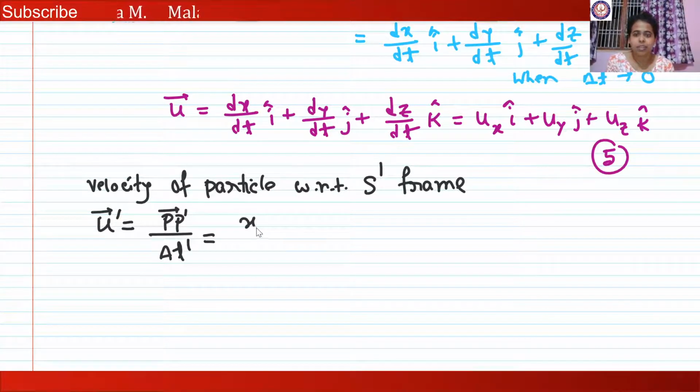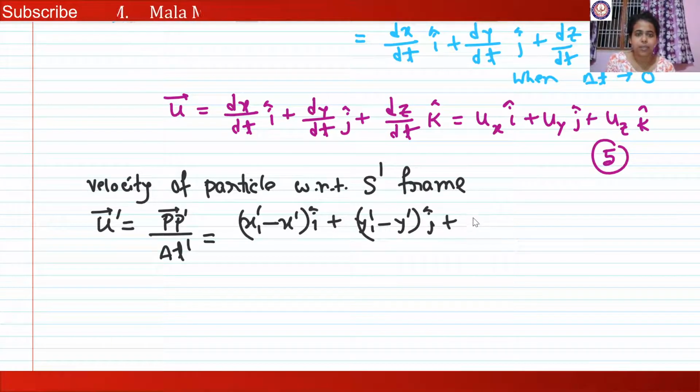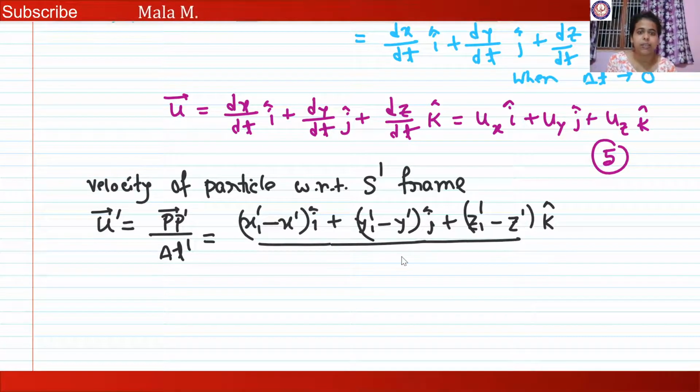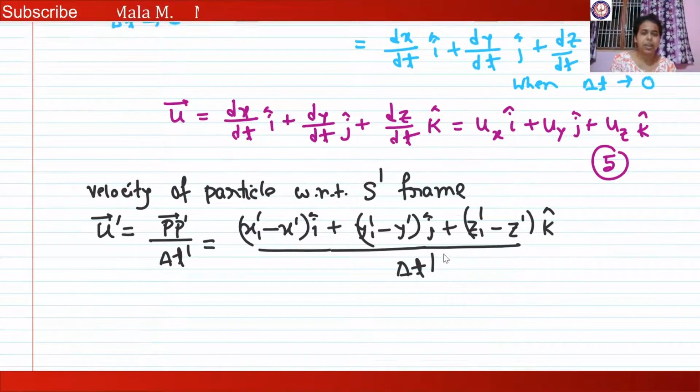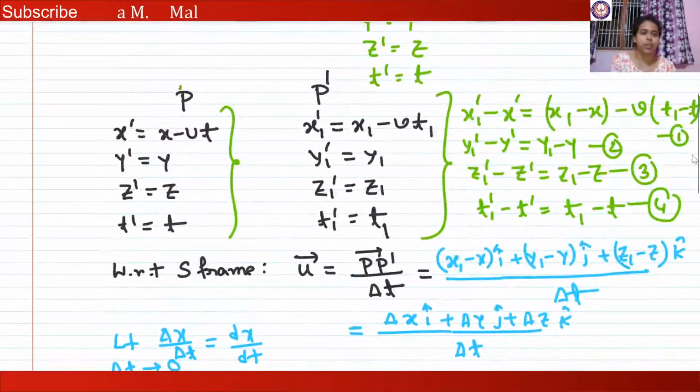Now here also the displacement is x1 prime minus x prime i cap plus y1 prime minus y prime j cap plus z1 prime minus z prime k cap divided by delta t prime. Now I will use my previous equations 1, 2, 3 and 4.